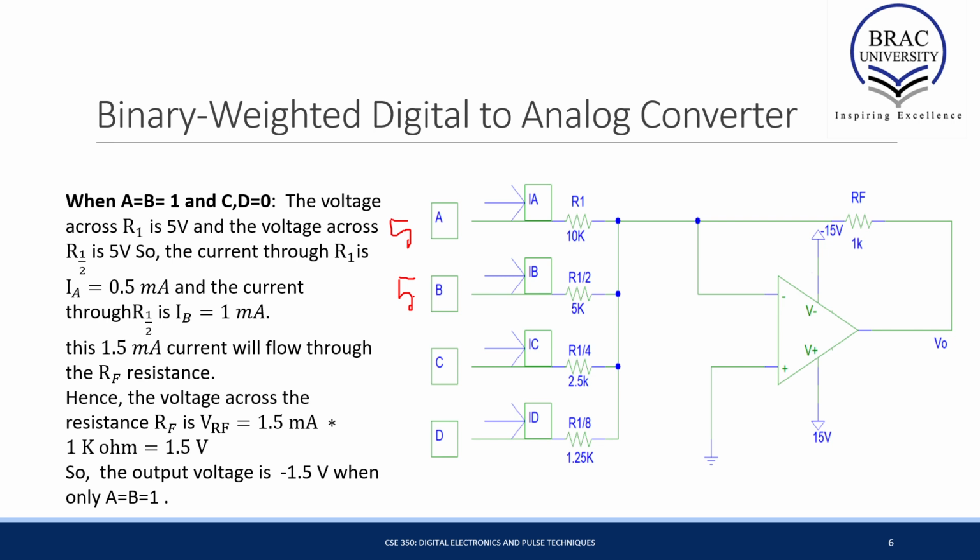So the feedback resistor will have a voltage drop of 1.5 volt. So our output will be minus 1.5 volt when A equal to 1, B equal to 1, C equal to 0, D equal to 0. So for our digital input of 0011, our analog output is minus 1.5 volt.